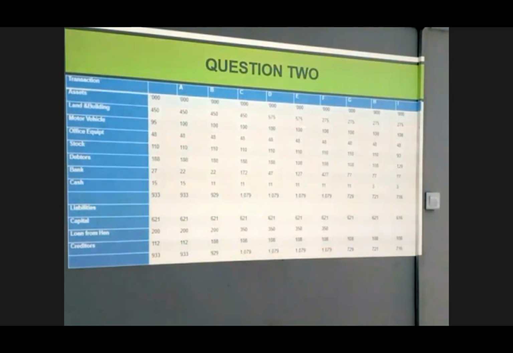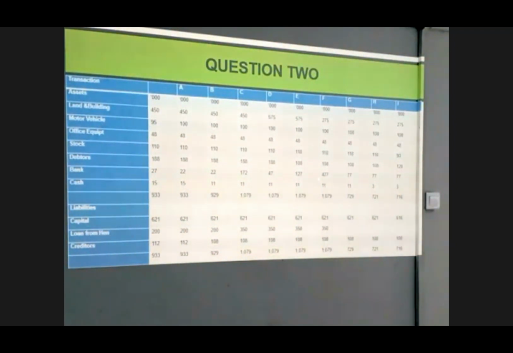Okay, any change here? Land and building, any change? What has changed? Reduction in land and building. Good. Motor vehicle, any change? No. Office equipment? No. Stock? No. Receivables? No. Bank? Yes. What has happened here?